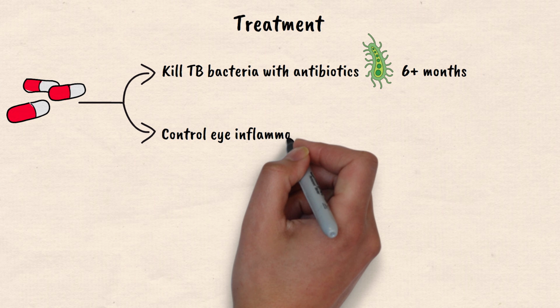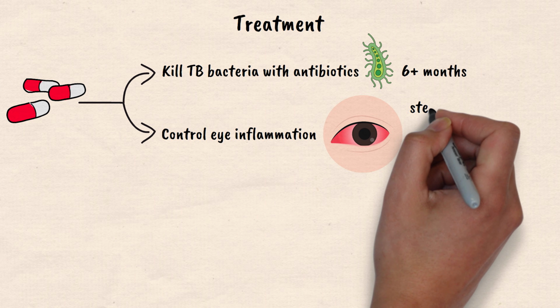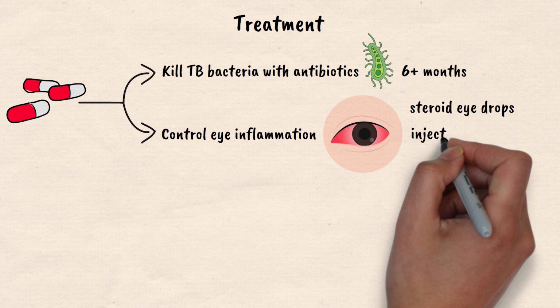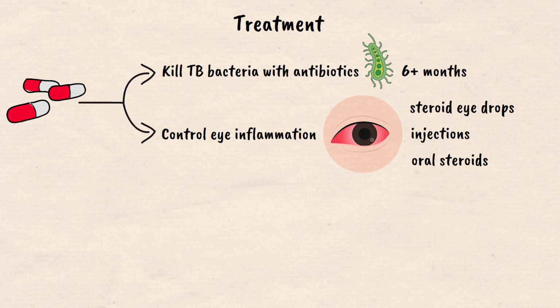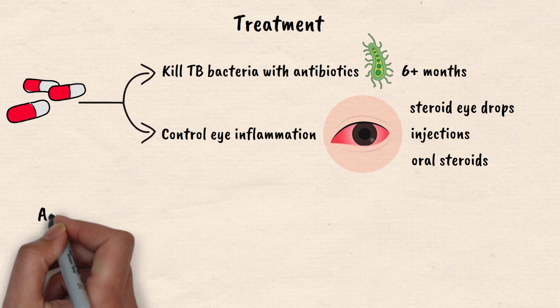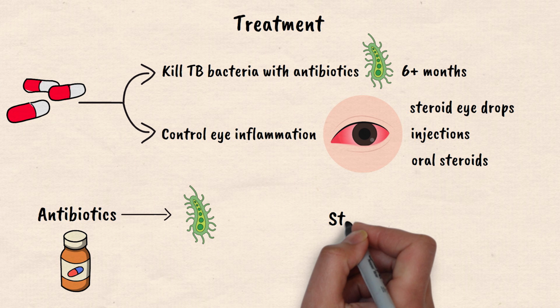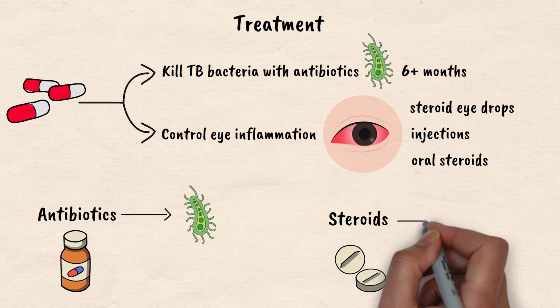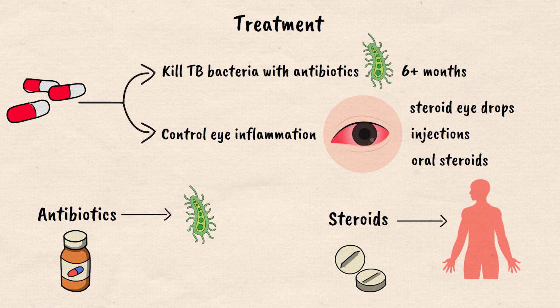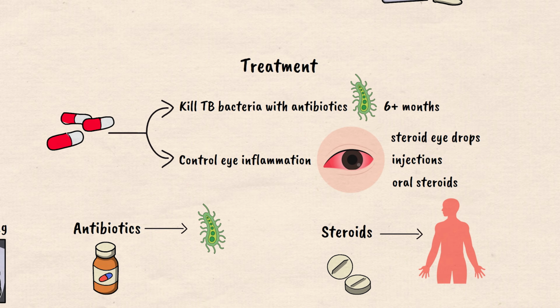To do this, doctors may prescribe steroid eye drops, injections around the eye, or even oral steroids, always while closely monitoring the infection. In simple terms, the antibiotics attack the germ, and the steroids calm down the body's overactive inflammatory response that is damaging the eye. With proper treatment, many patients experience significant improvement in their eye inflammation and vision.